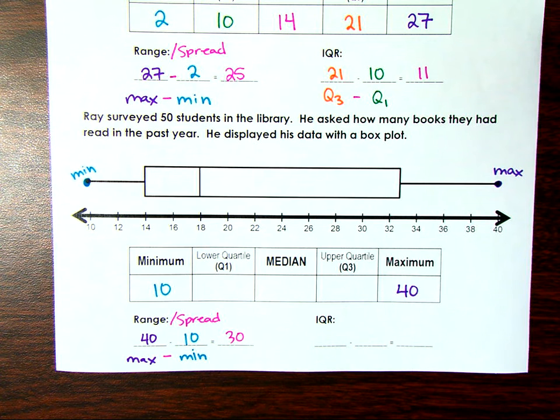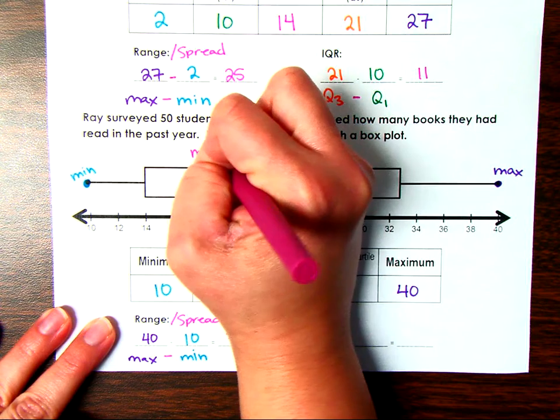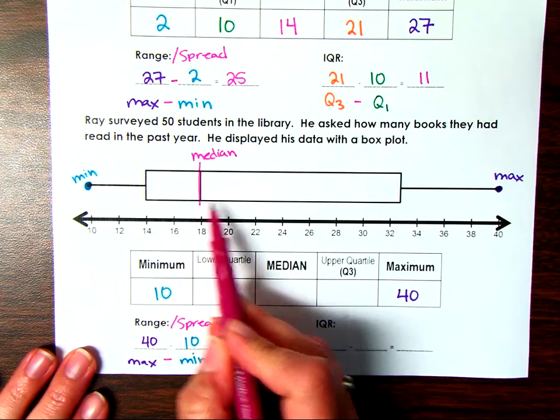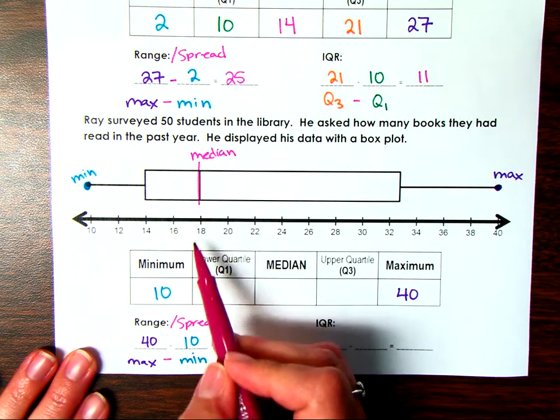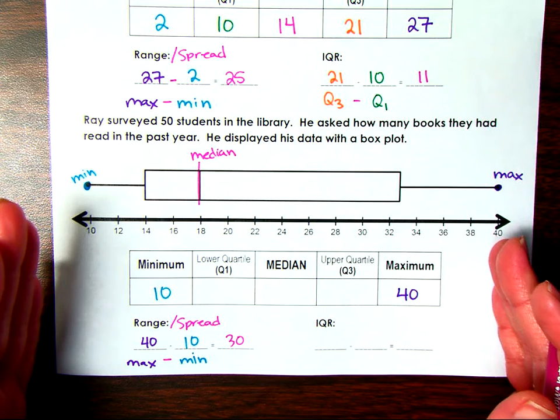Then we know that our median is always right here. It's always the line. A lot of y'all think median is in the middle. Even though this does not look like it's in the middle of this box plot, this is actually the middle number once they ordered these 50 numbers from least to greatest.